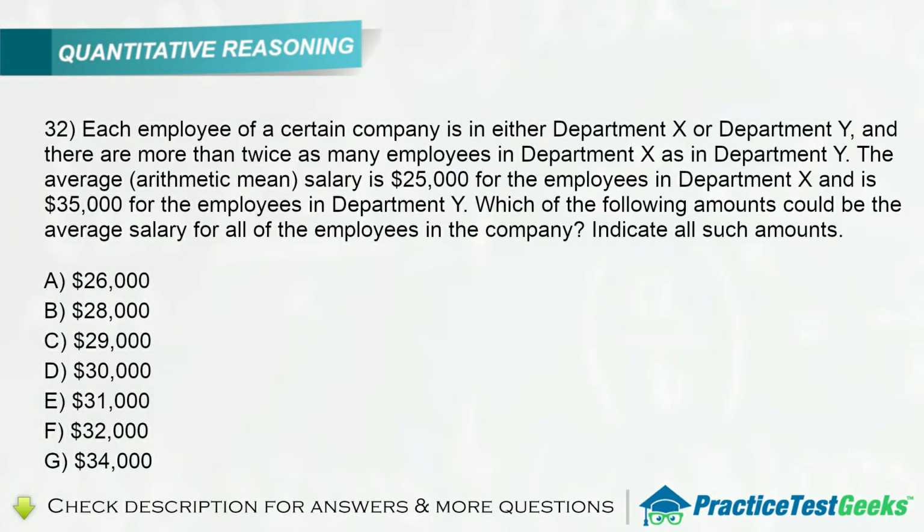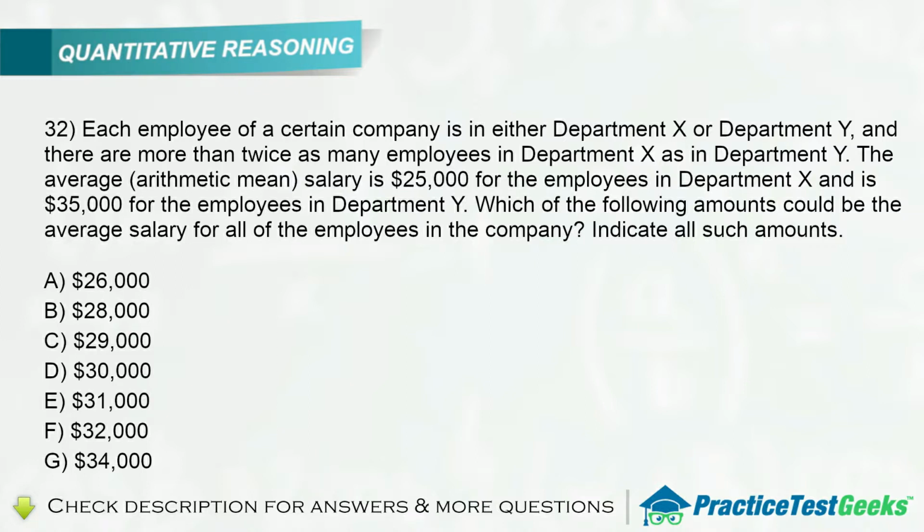Question 32. Each employee of a certain company is in either Department X or Department Y, and there are more than twice as many employees in Department X as in Department Y. The average, arithmetic mean, salary is $25,000 for the employees in Department X and is $35,000 for the employees in Department Y. Which of the following amounts could be the average salary for all of the employees in the company?